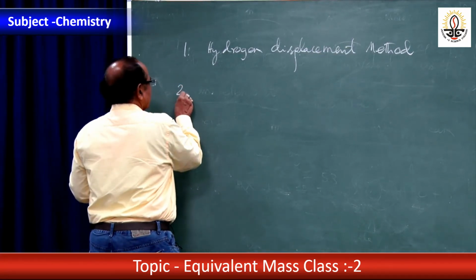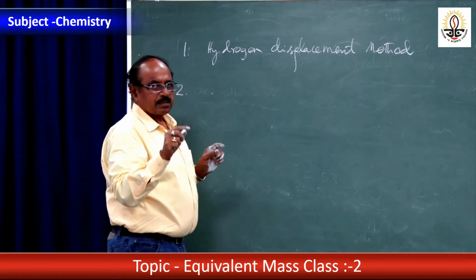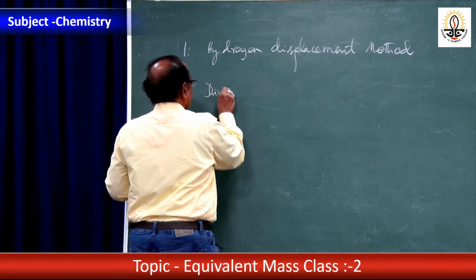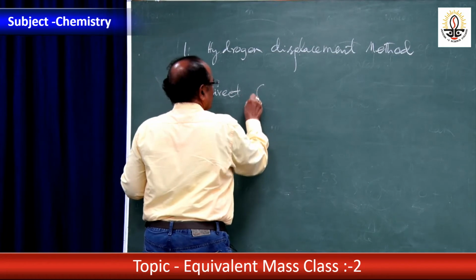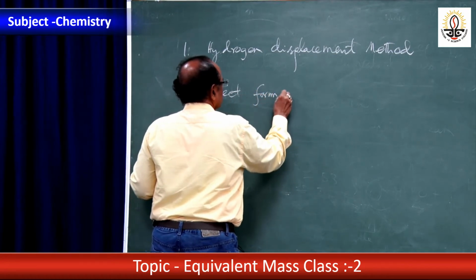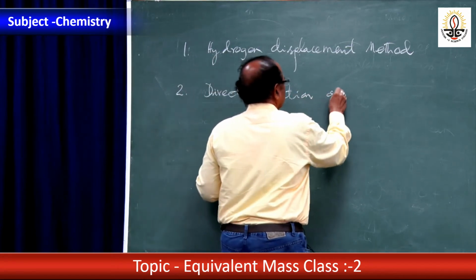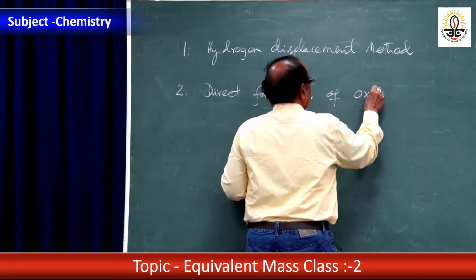Second, oxide, 8 parts by mass of oxygen. So, the direct formation of oxide method.